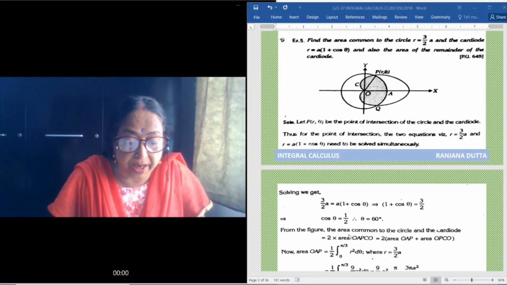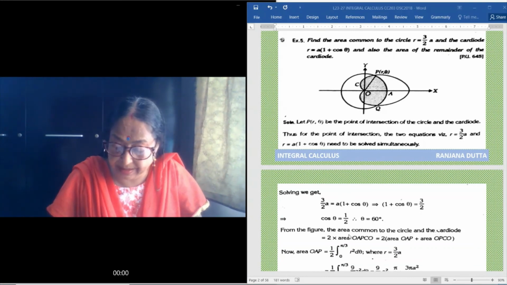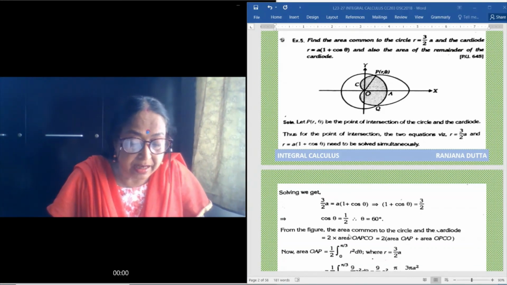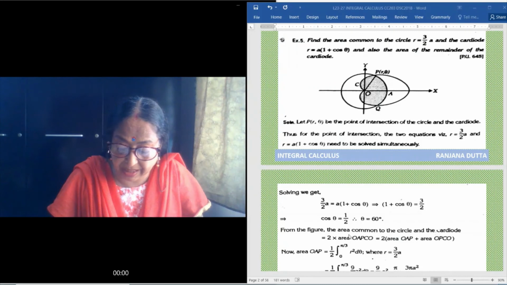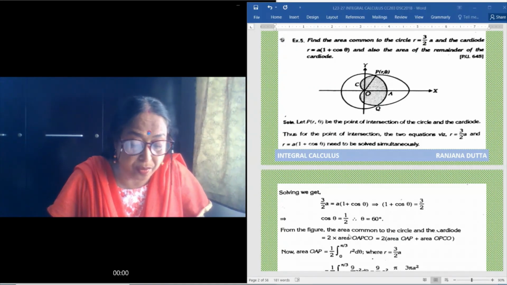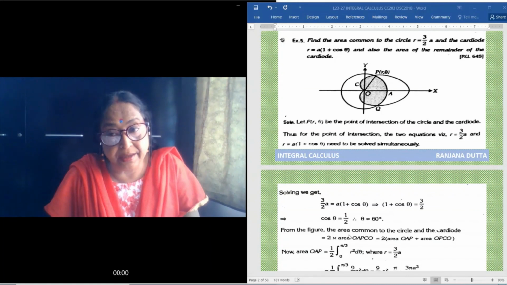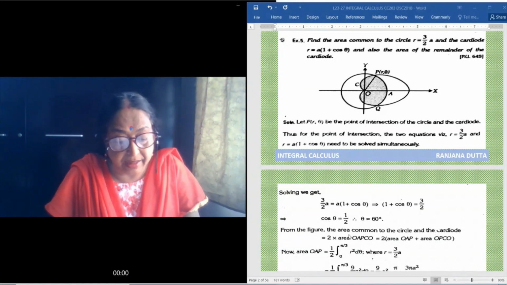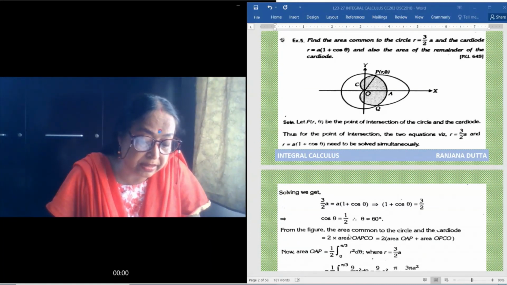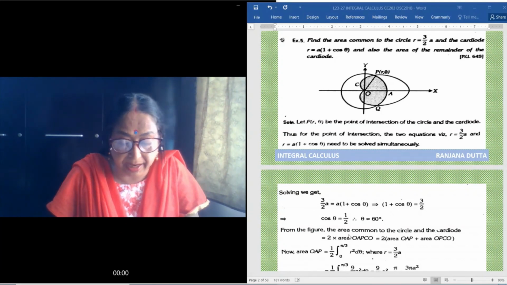So for OAP, 0 to pi by 3 r square d theta, and the value of r square is 9 by 4 a square d theta, and then integrating it and then putting the limit, we get 3 pi a square by 8.